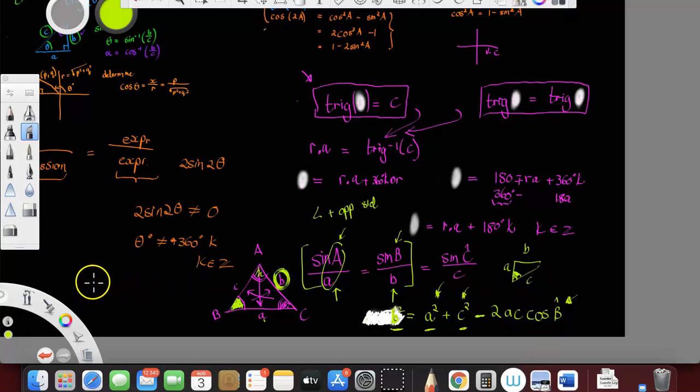And then obviously the area rule. I've run out of space and definitely out of time. But for the area rule, the area of a triangle is equal to half AB sine C. So here's C. I take side lengths A and B that make up the angle, so it's whatever sides I take times the sine of the angle between them, the angle that they make.